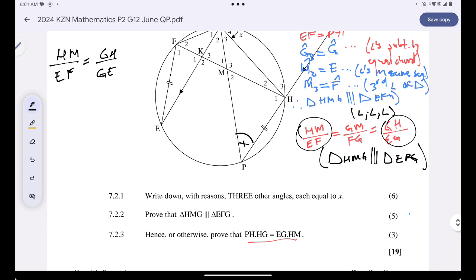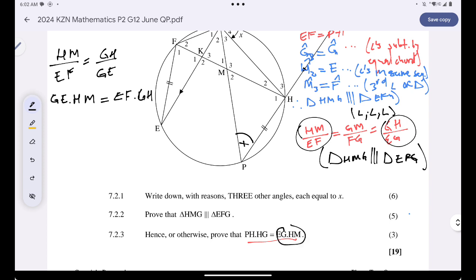Okay, I can just cross multiply here, guys. I'll have GE multiplied by HM equaling EF multiplied by GH. Right, together.